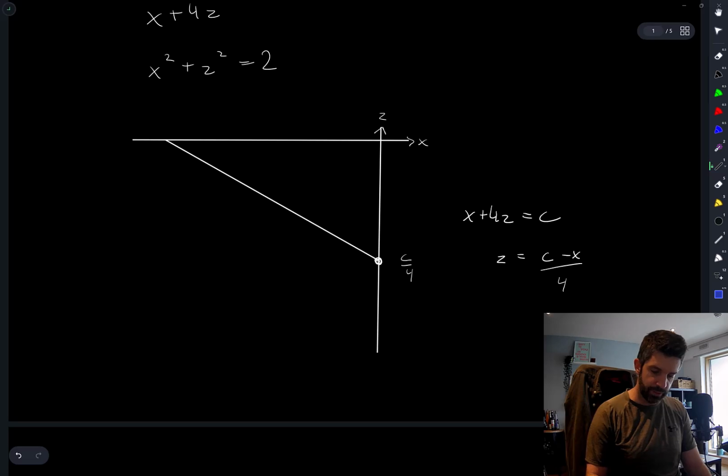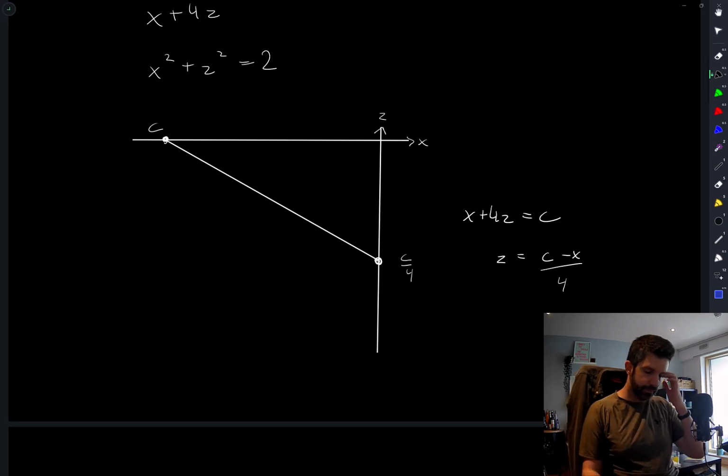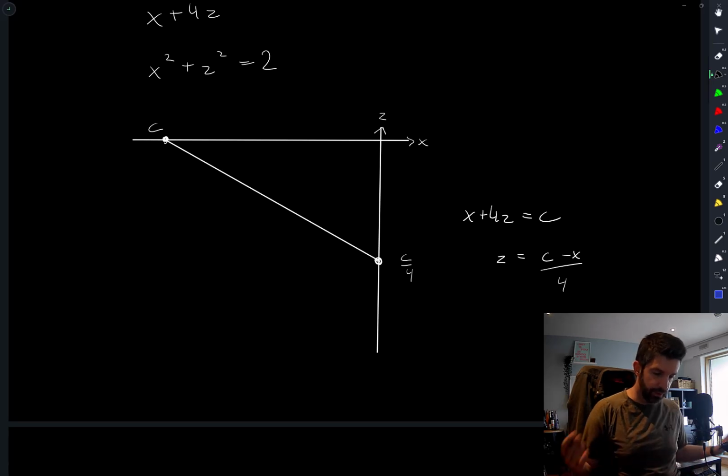Okay, so when z is 0, x is equal to c. So c is negative. We expected that, right? C is going to be a negative number.